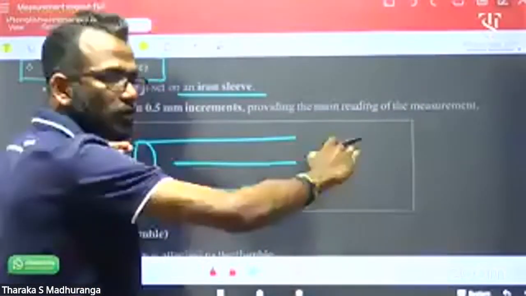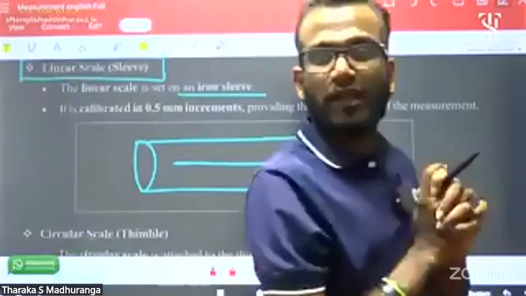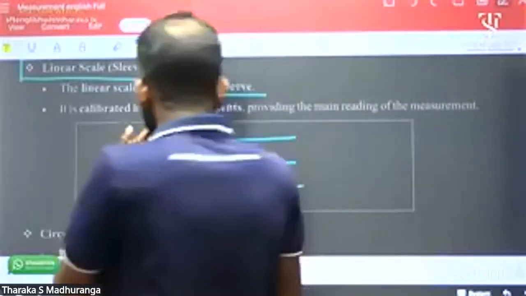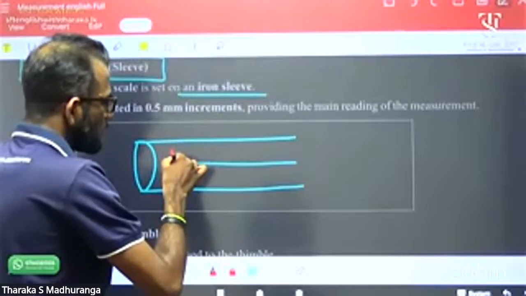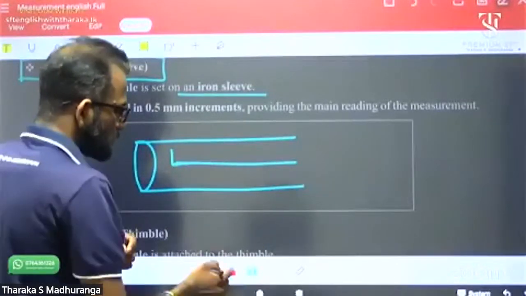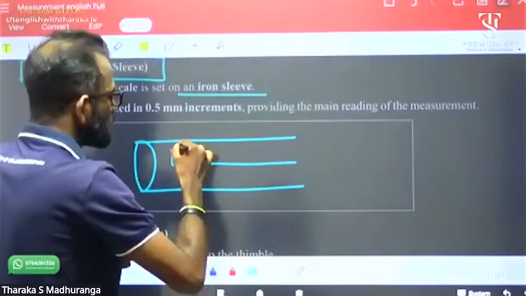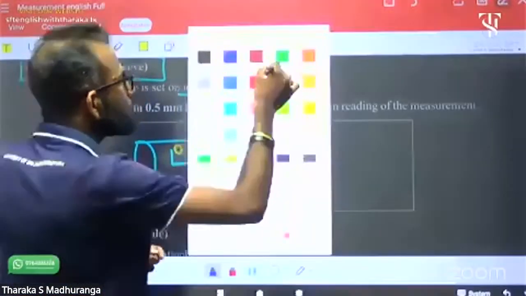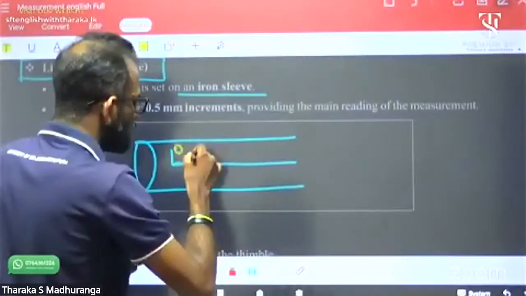It has a horizontal axis. That's the middle axis of the linear scale. Okay, see this. This is the 0, the linear scale 0. And this is 1. Very important.